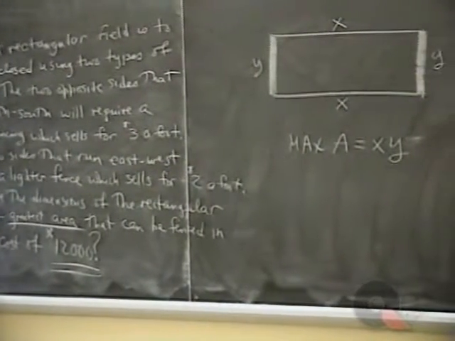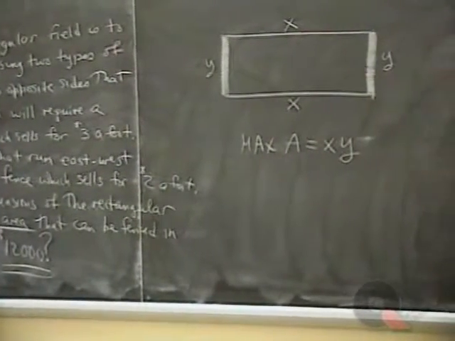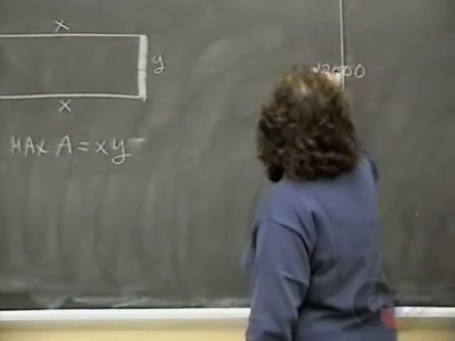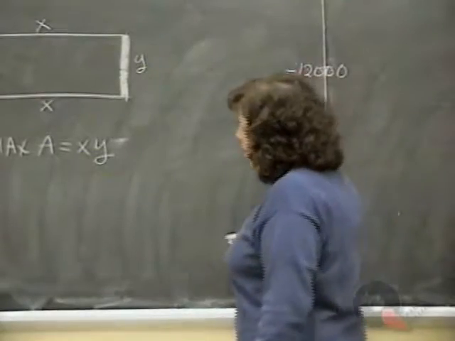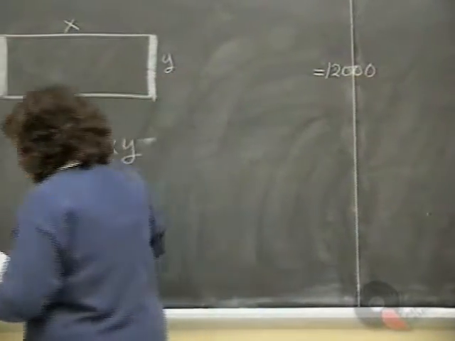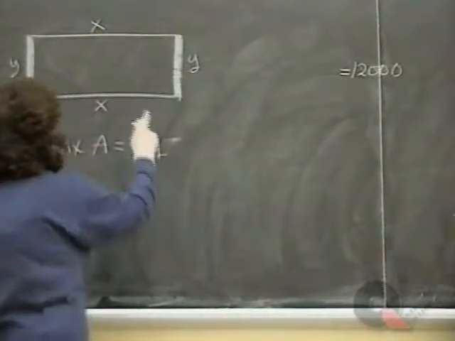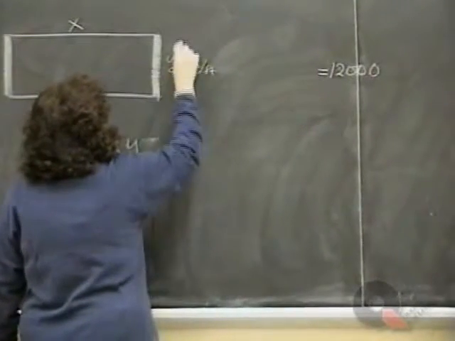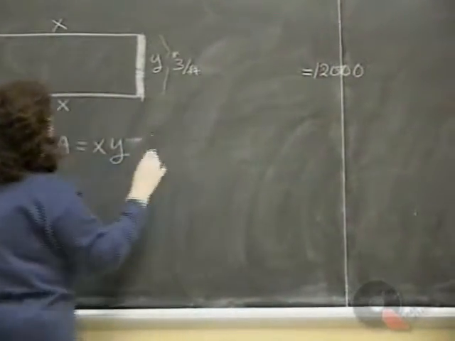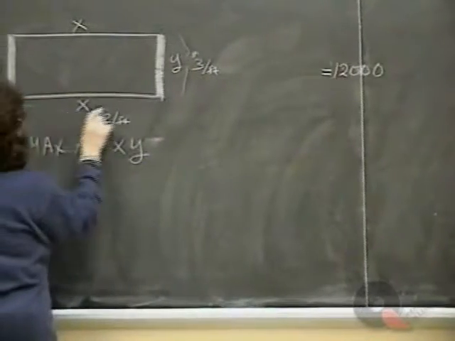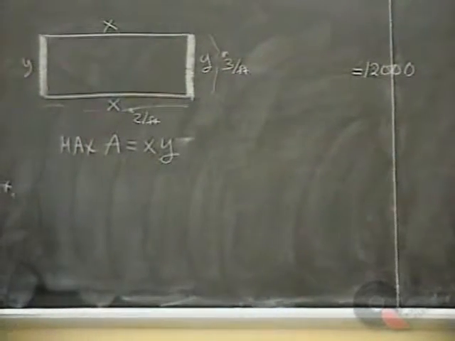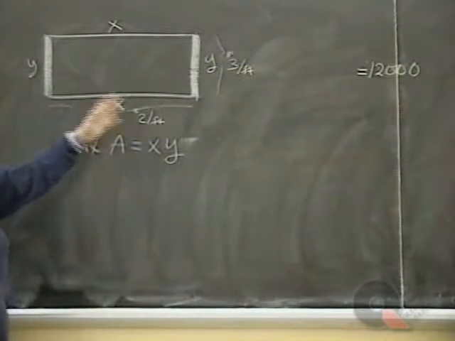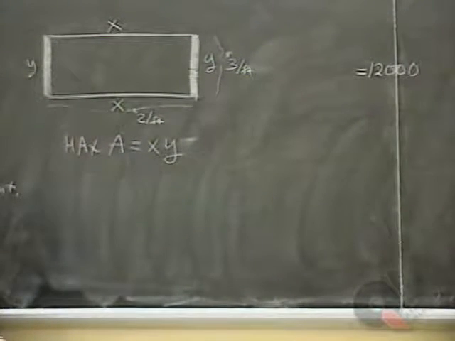Total amount that we have to spend on fencing is $12,000. The heavier sides are going to run $3 per foot. So instead of having the perimeter fixed, it's the cost that's fixed at $12,000.